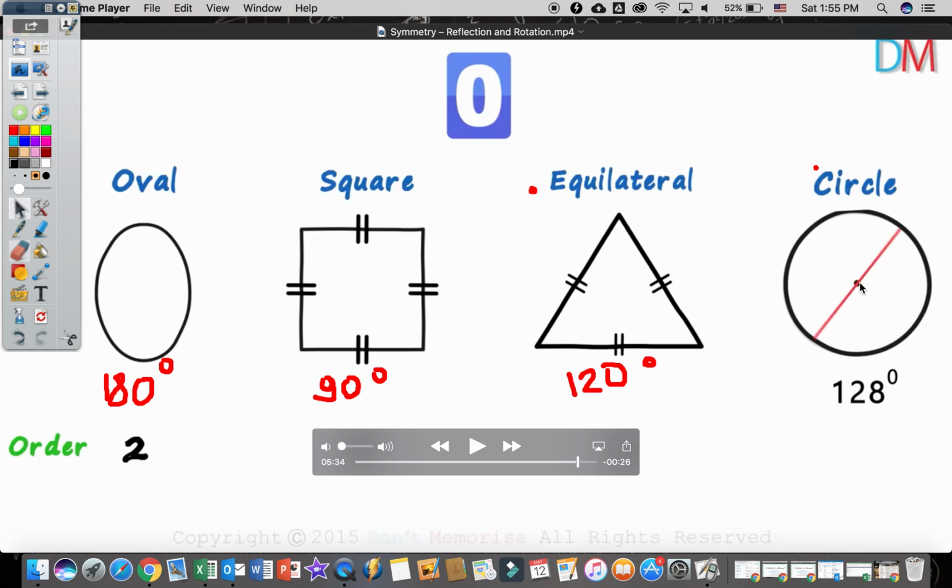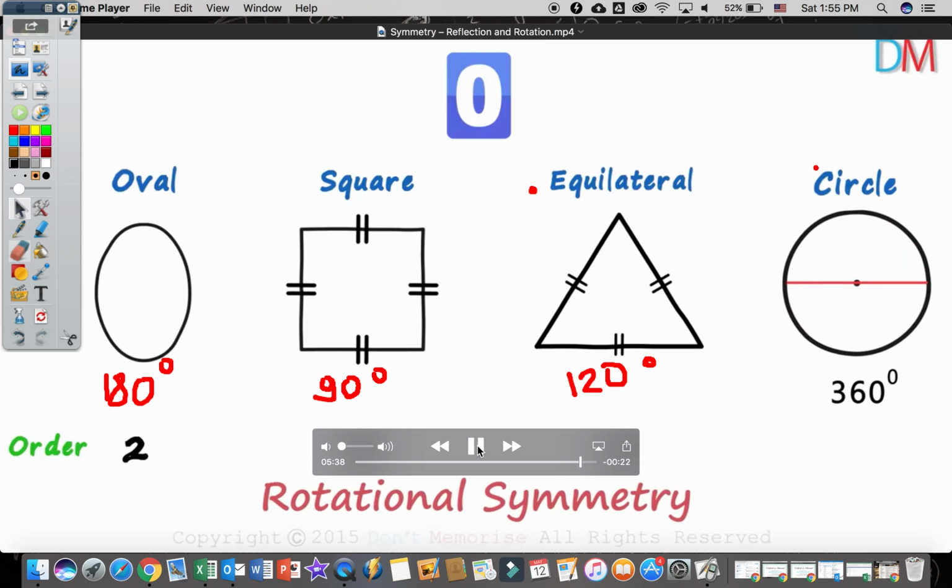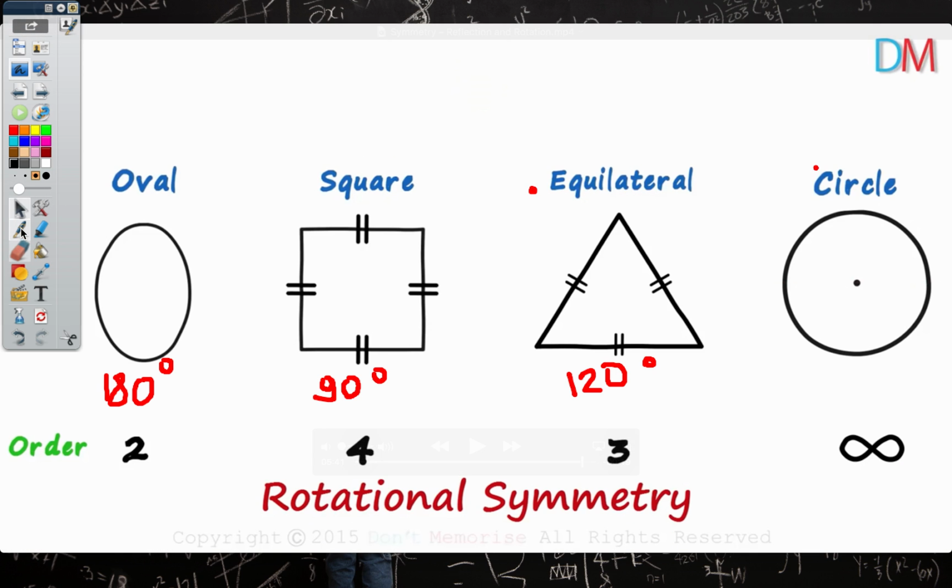So it means so many rotations or so many orders for this, and so the degree for this circle is any degree, any amount of degree.